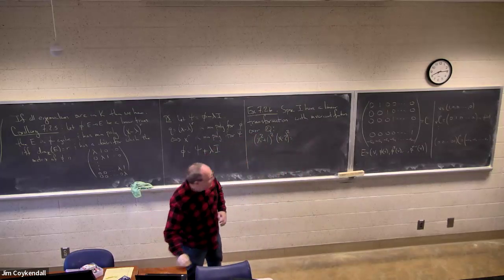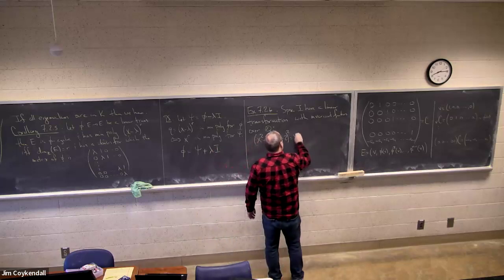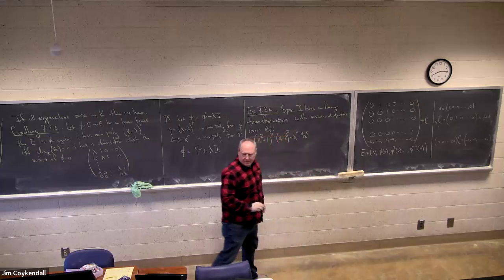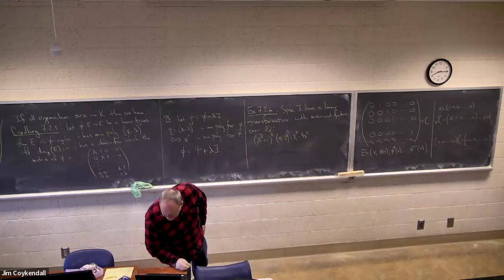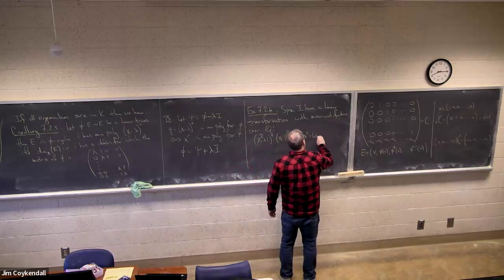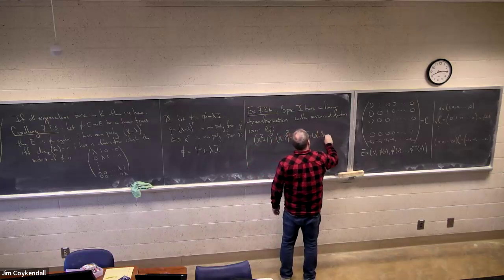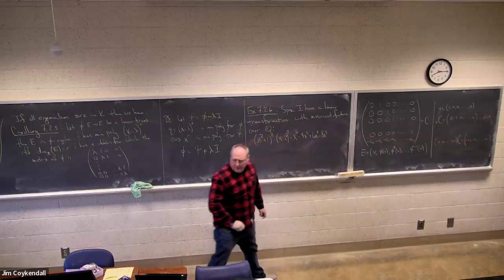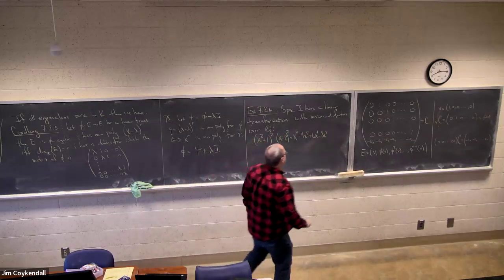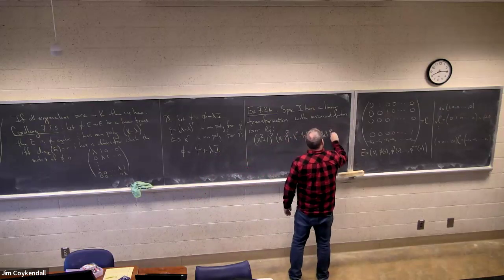This is x to the 6 minus 4x to the 5 plus 6x to the 4 minus 8x cubed plus 9x squared minus 4x.